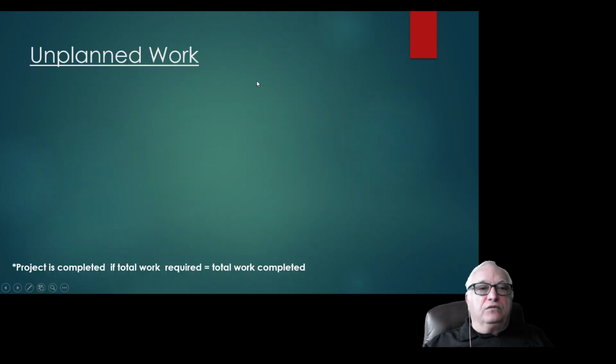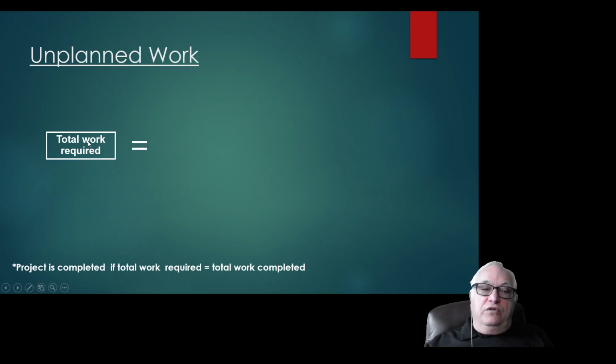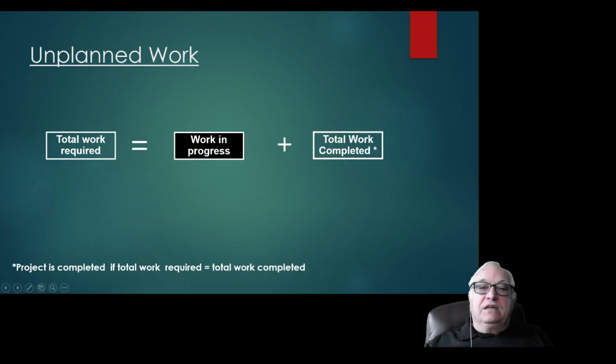So let's get back to now. I want to talk about unplanned work. So I'm heading towards static testing, but before we do static testing, let's talk a little bit about unplanned work. The total work required to complete our project is going to be equal to the work in progress plus work completed.